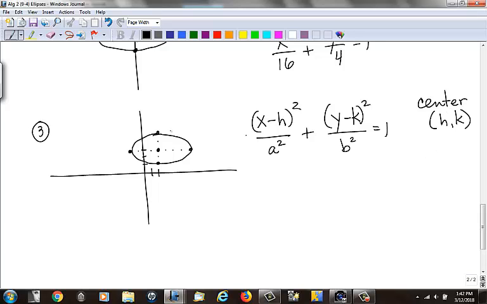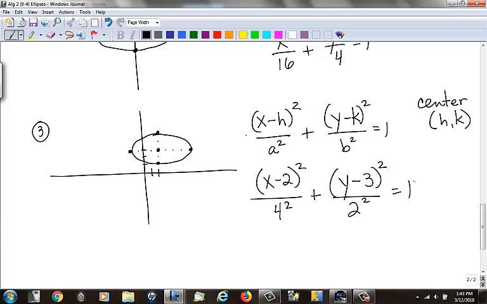My h was 2, so x minus 2 quantity squared. And you can tell the x, the one going horizontal, is longer. How far did I go? 4. So 4 squared plus y minus 3 quantity squared over 2 squared equals 1. And I could write the bottom as 16 and 4 if I wanted to. So it's not really that bad.